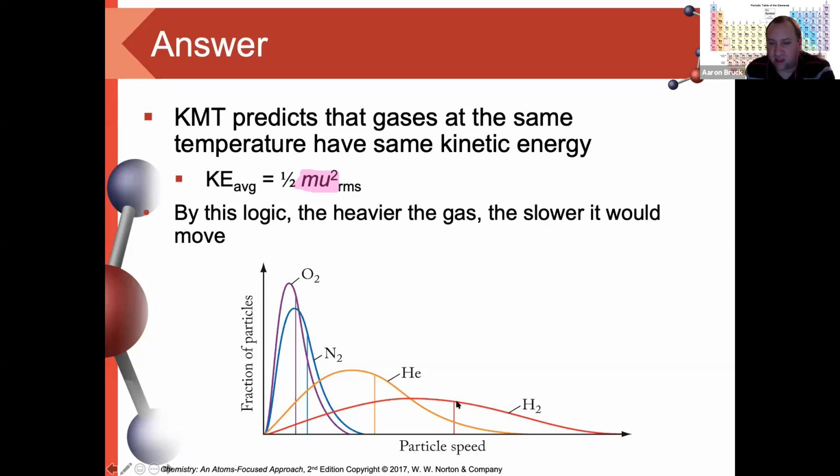And so you can see that for hydrogen versus helium, we have a considerable increase in speed. And helium versus nitrogen and oxygen, we have increases in speed as well. The heavier objects, so you can see oxygen and nitrogen, which are considerably heavier than these two gases, have much slower root mean squared velocities than the hydrogen and the helium do.